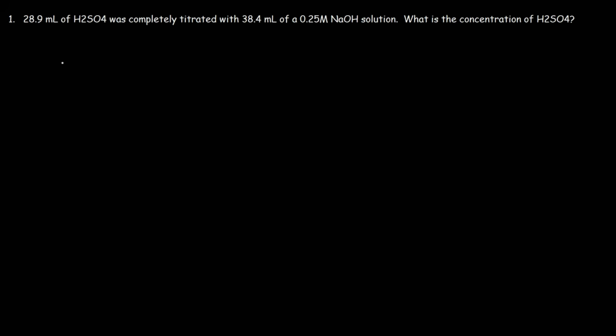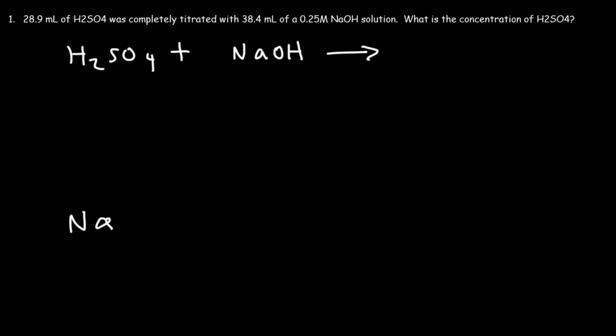Let's begin by writing a balanced chemical equation. Sulfuric acid, H2SO4, is going to react with sodium hydroxide. So this is an acid-base neutralization reaction. Sodium is going to pair up with sulfate. Sodium has a positive 1 charge. Sulfate has a negative 2 charge.